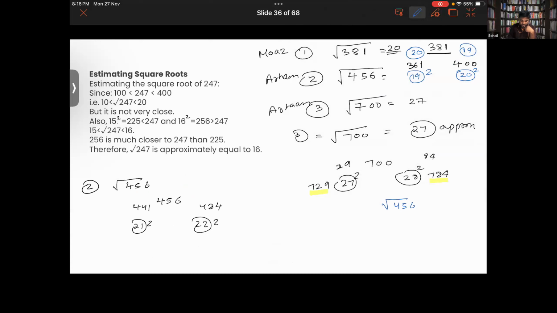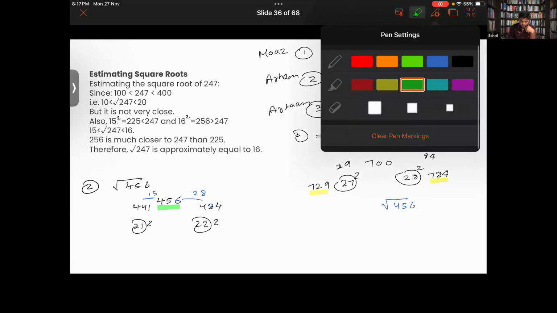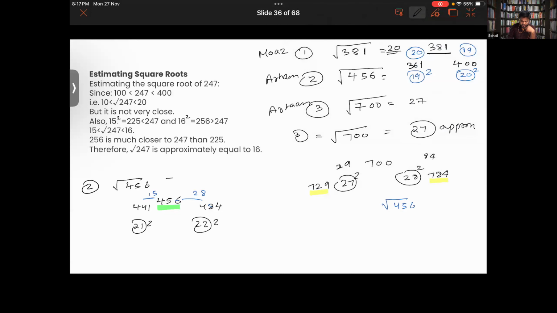With 441 there's a difference of 15, while here, the difference is how much? 484 minus 456 is 28. So it is closer to 21. Hence the approximate value would be 21.